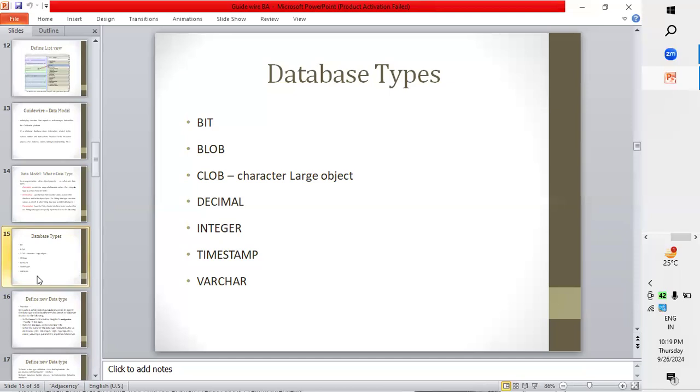Third one is clob. Next, integer. Timestamp and virtual.